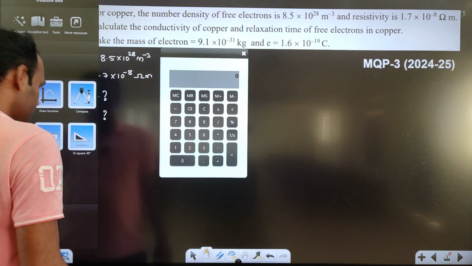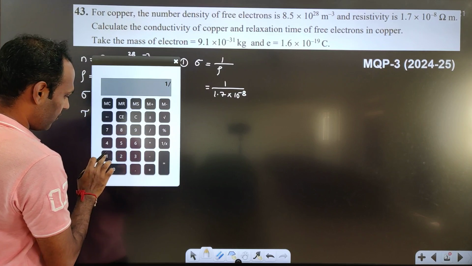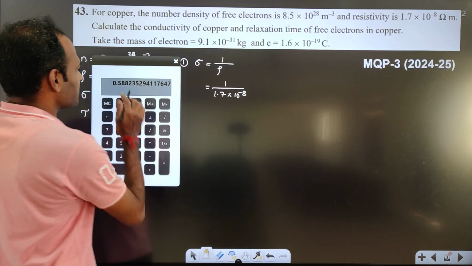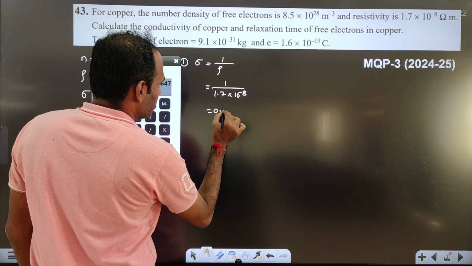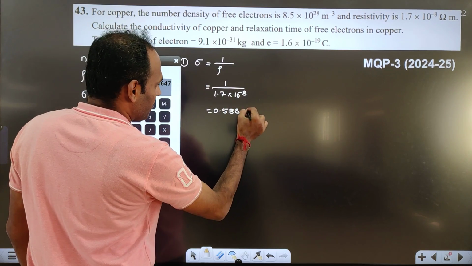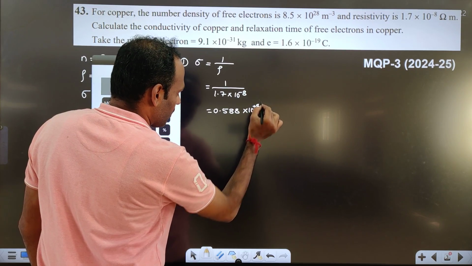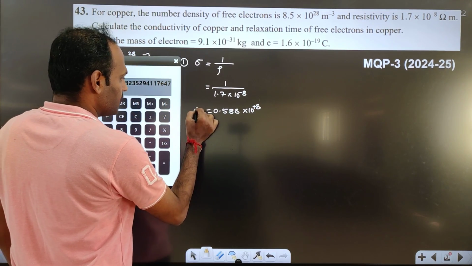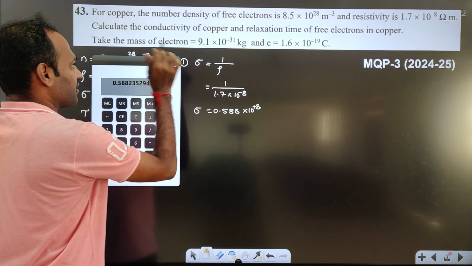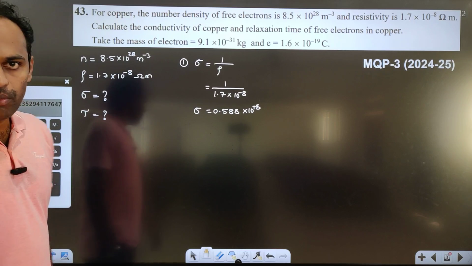So I will take it as 1 divided by 1.7, which is 0.588. The 10 to the power minus 8, when taken up, becomes 10 to the power plus 8. So this much is the conductivity.